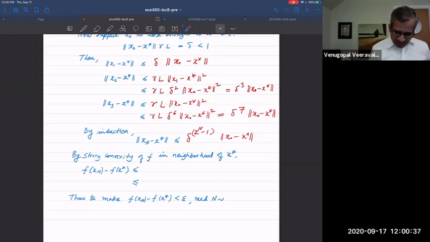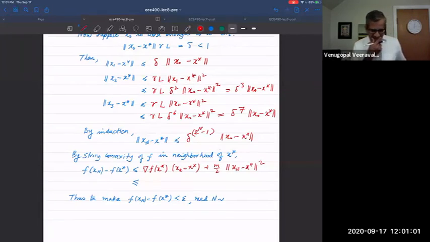Again, we apply the strong convexity in the neighborhood of x star and expand out and use the upper bound that comes from strong convexity, times xk minus x star plus m over 2 xn minus x star squared. Okay, and then this is equal to 0, and so this will be m over 2.